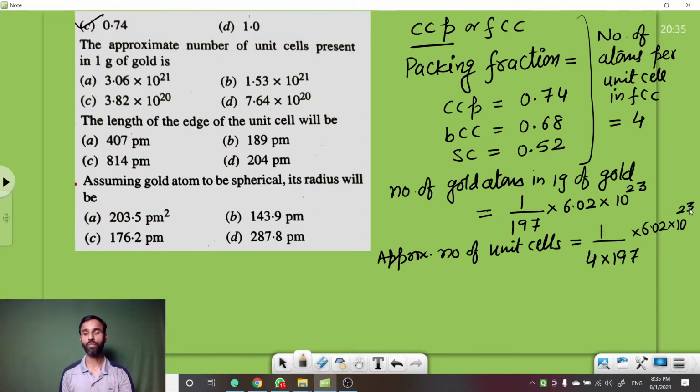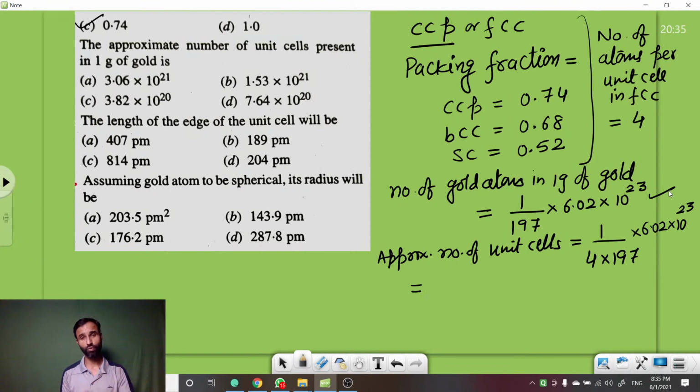Okay, that's great, the number of atoms per unit cell in FCC is 4. So unit cells are 1/4 of the total number of gold atoms we calculated in 1 gram.